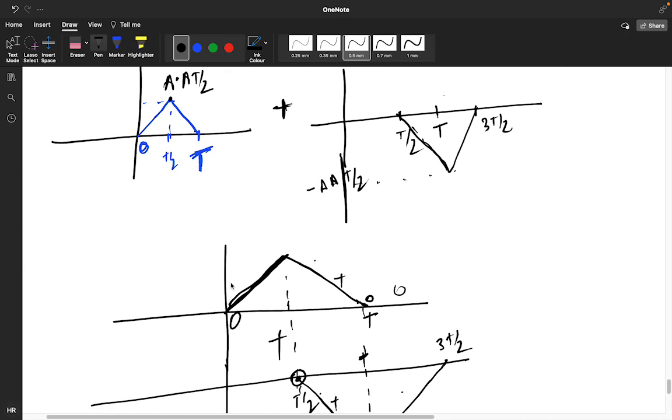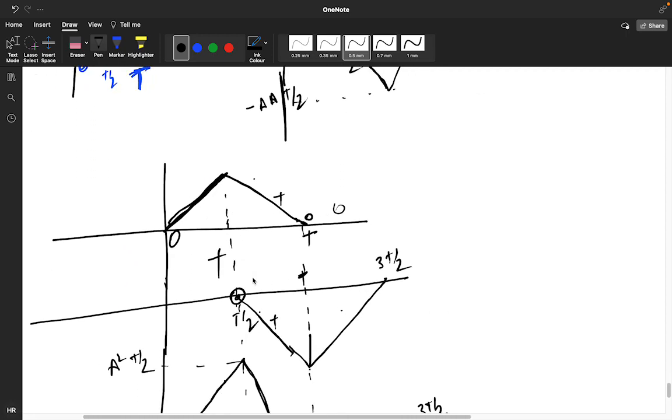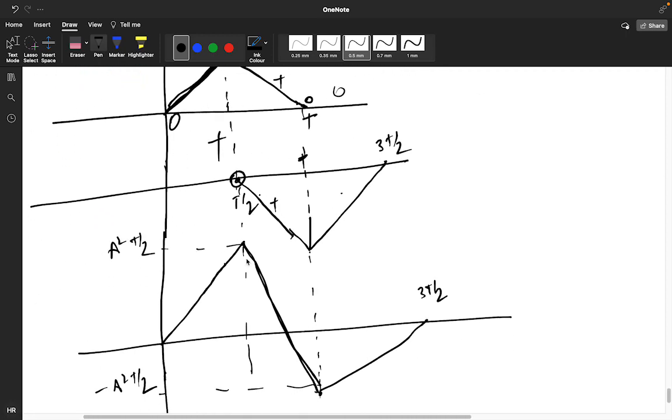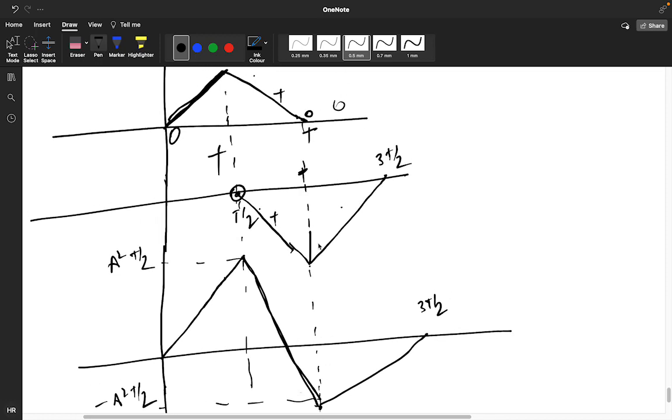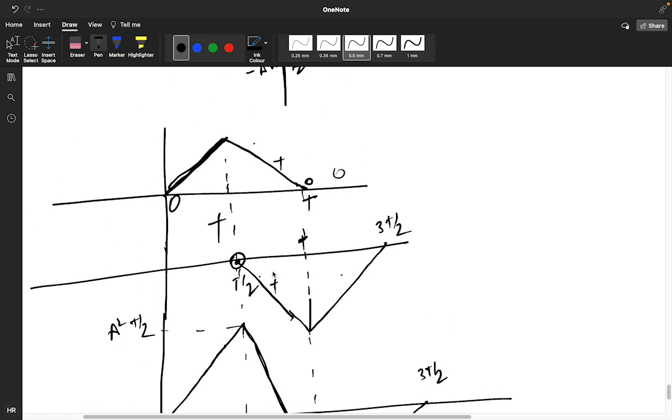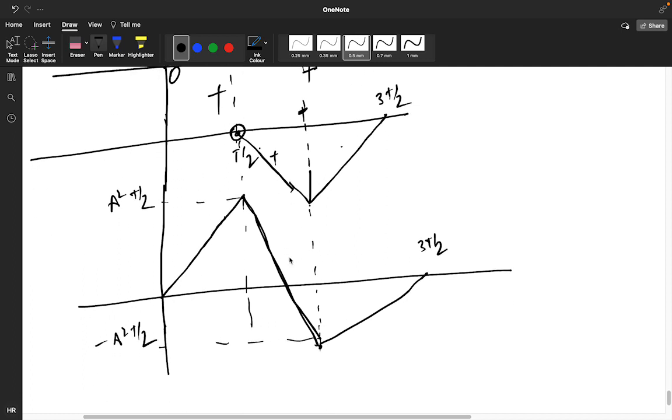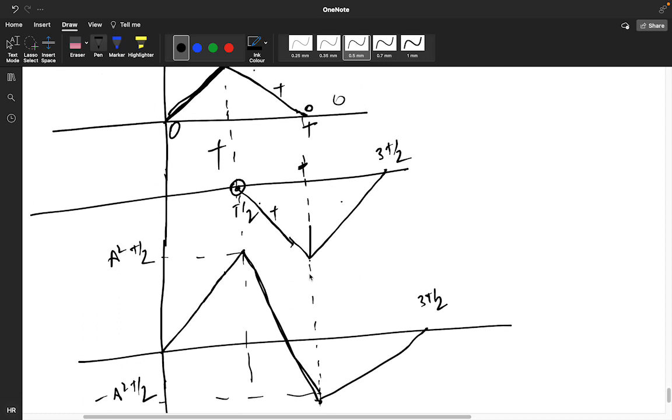The addition of this line and this line will give you a straight line like this. How are we saying that? Because check the first point and the second point. The first point, this is 0, this is a square t by 2, so you will get a square t by 2, and the last point, this is minus a square t by 2 and this is 0, so minus a square t by 2.